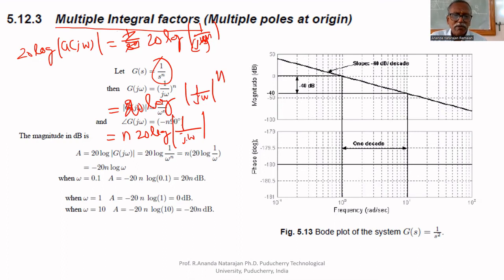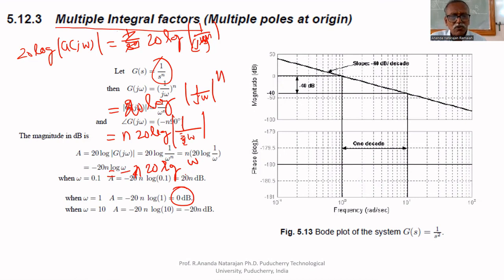So n times 20 log 1 by j omega, the modulus of j omega is 1 by omega. You will get minus n 20 log omega. Therefore, when omega equal to 1, you get 0 dB. When omega equal to 0.1, you get plus 20, because 0.1 is a fractional number, so log is negative and you get another negative.